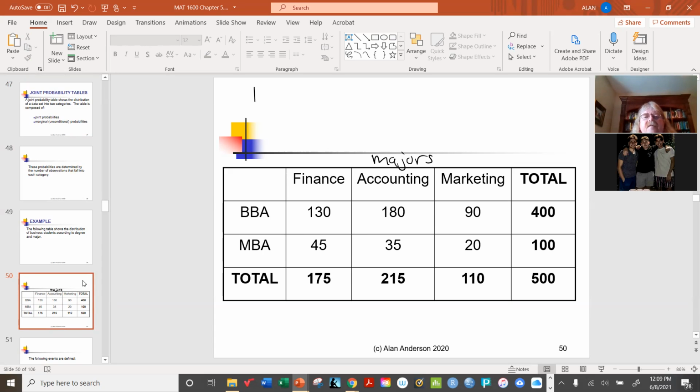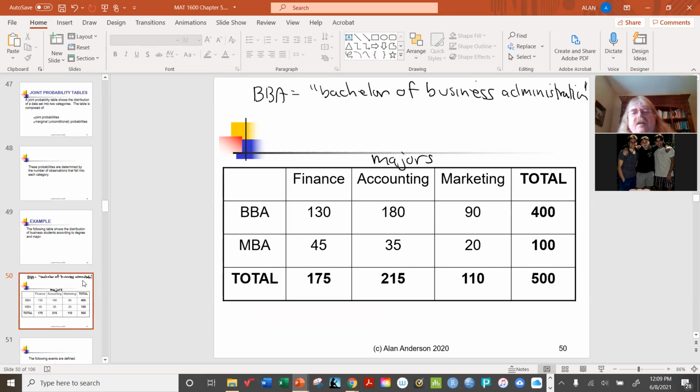Now, BBA is shorthand for Bachelor of Business Administration. In other words, this is a business school, and the bachelor's degree that they hand out is called BBA.